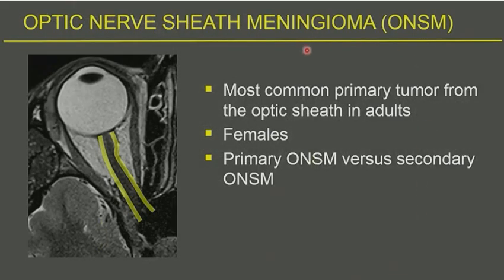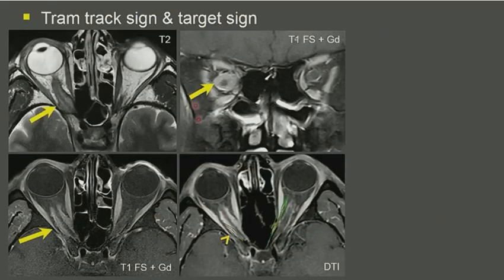Regarding optic nerve sheath meningioma, these are the most common tumors arising from the optic nerve sheath in adults. We see them in females, and we have the primary form that arises from the intraorbital optic nerve or the canalicular segment, and then the secondary optic nerve sheath meningiomas that spread from intracranially into the orbit.